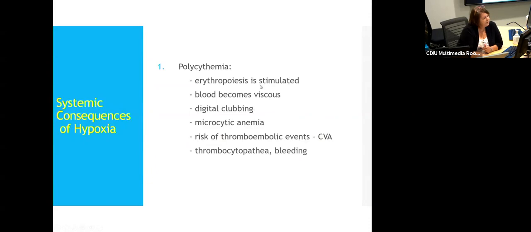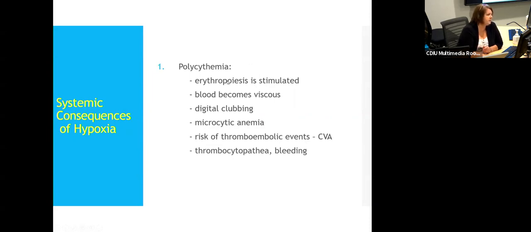Systemic consequences, everything from digital clubbing, which doesn't happen frequently in children, to thrombocytopenia, to increasing your hemoglobin concentrations in order to compensate.